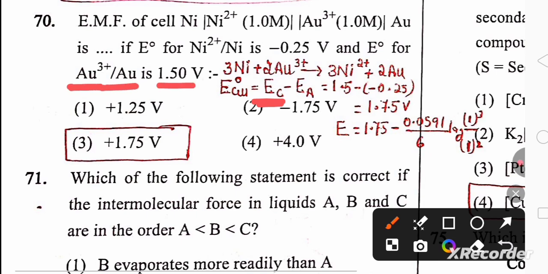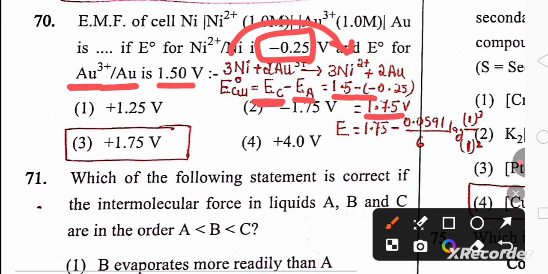That electrode potential is 1.5 minus, and electrode potential of anode, anion will migrate towards anode. So at anode there is oxidation, so oxidation occurs here for nickel, it is losing electron. So for nickel the electrode potential is minus 0.25. When you calculate, you will get standard electrode potential of 1.75 volts.